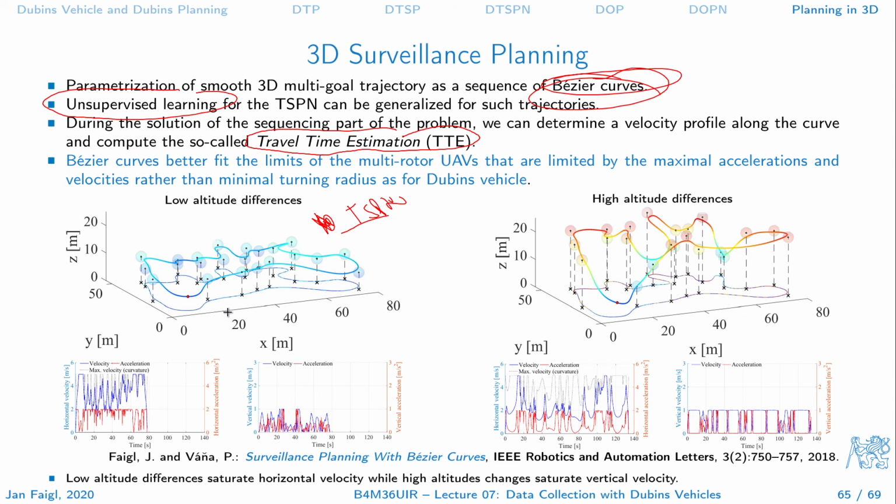It provides us a way to optimize the trajectory along which we compute the velocity profile, and this velocity profile satisfies the acceleration limit and maximal velocities. But here we don't have any theoretical results on the solution quality. So what we usually do is take a look at the velocity and acceleration profiles, and we saturate the vehicle, so most likely the vehicle is reaching its limit.